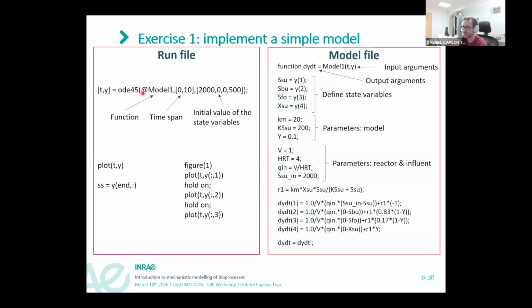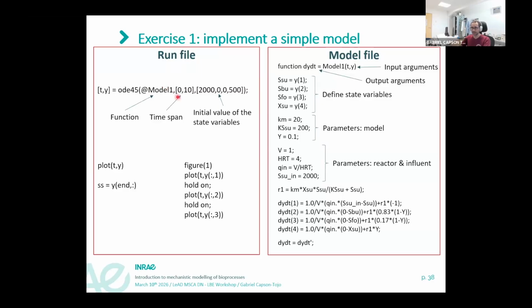And then what we need to do, between brackets, is give it the name of the function. These are what we call the arguments of this function. We need to put first the function that we're going to be solving over time. This function is called model1, so you need to put model1 here.